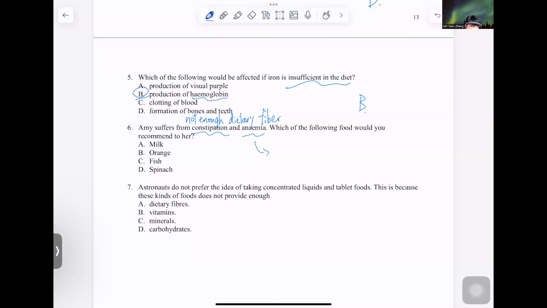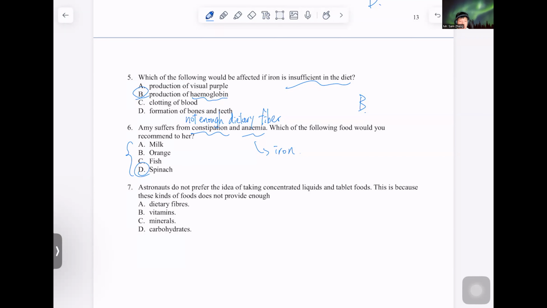While for the other condition, it would be insufficient iron. In all these foods, the one that contains the highest amount of iron and also the highest amount of dietary fiber would be the spinach.